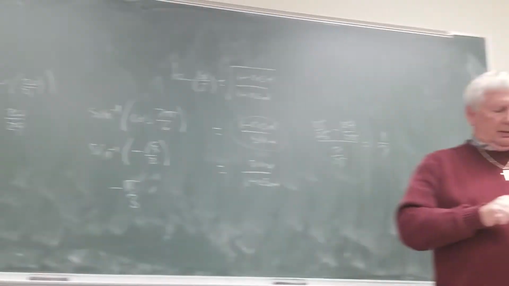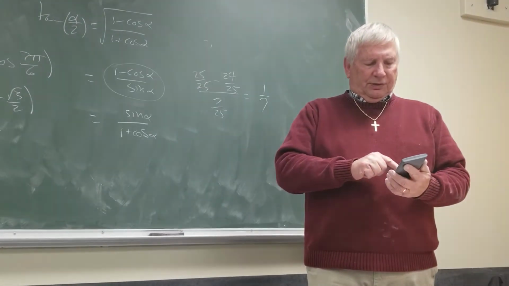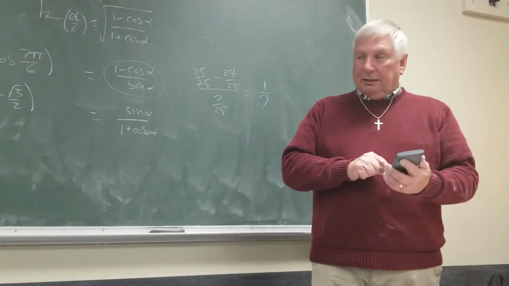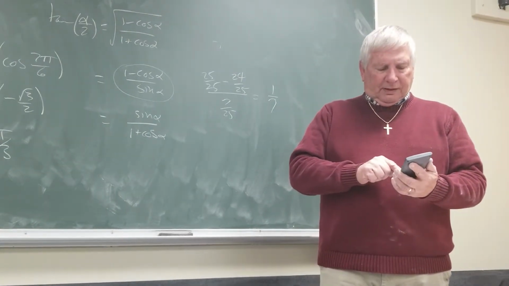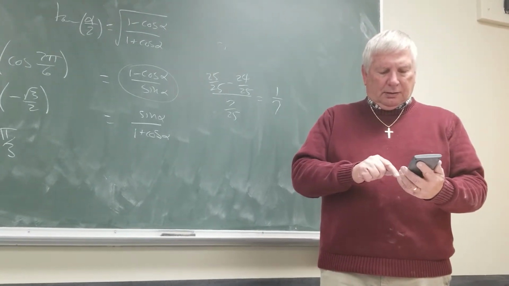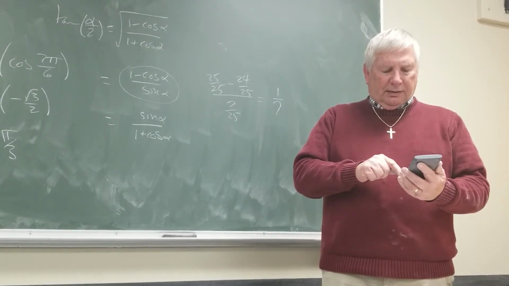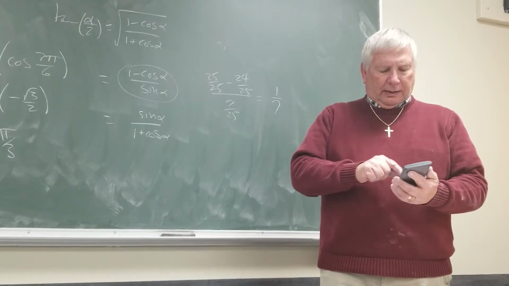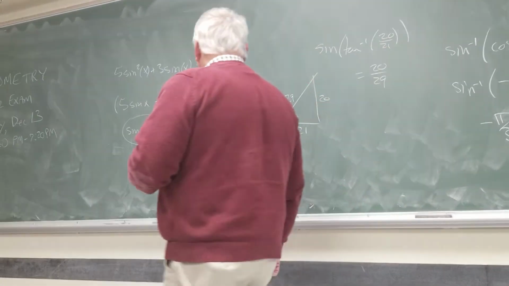Shift inverse sine of 2 divided by 5, close, times pi, because this is in radians, divided by 180, and all that gives me 0.4115.